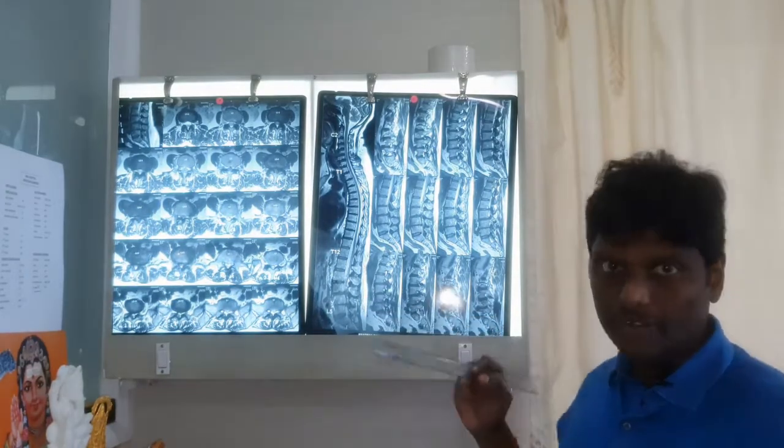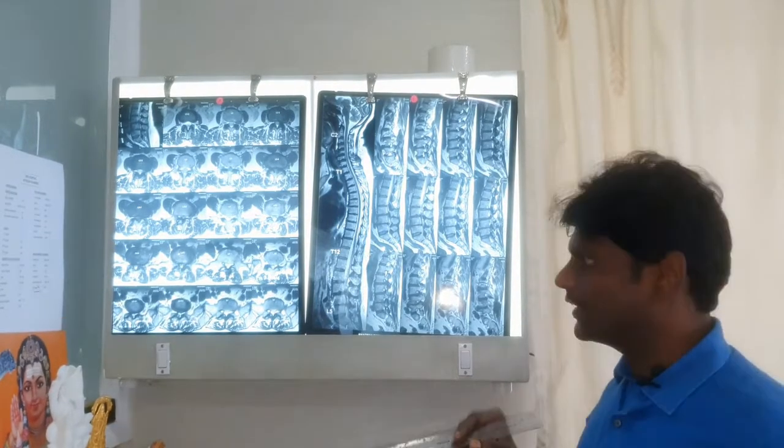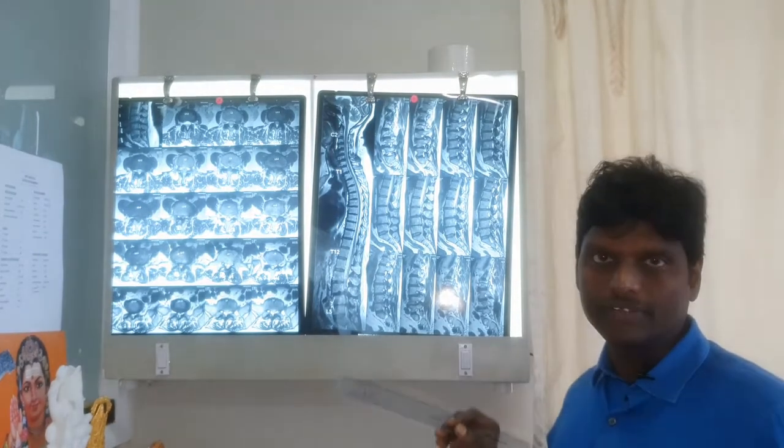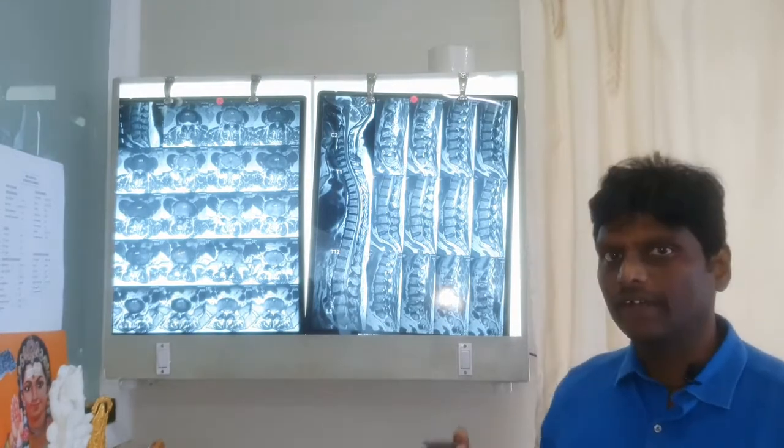So that also has to be surgically corrected a little so that the overall canal diameter can increase. With all these things done together, the space for the nerve will be relieved, and the nerves can conduct impulses normally. With that, the patient can have less pain or no pain. Okay, this is my understanding. Thank you.